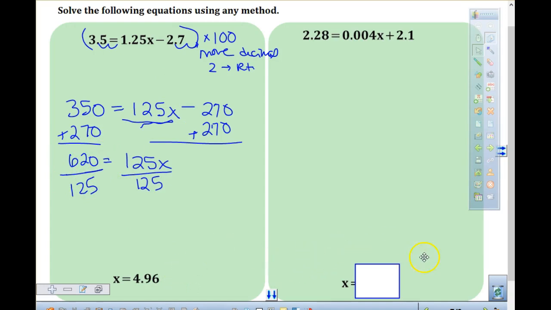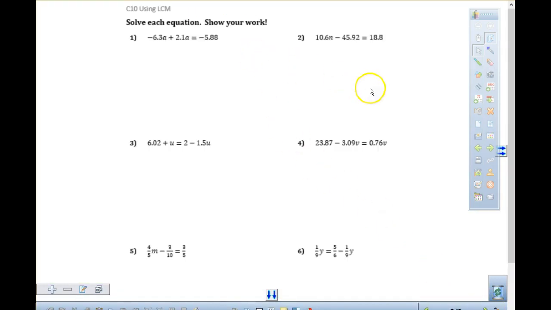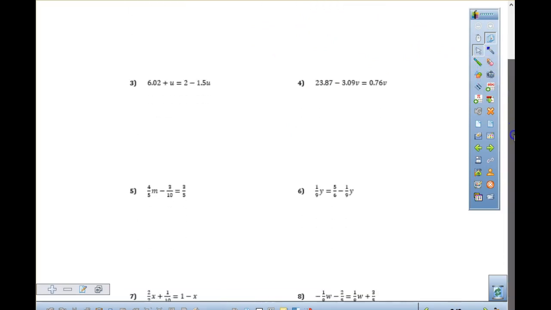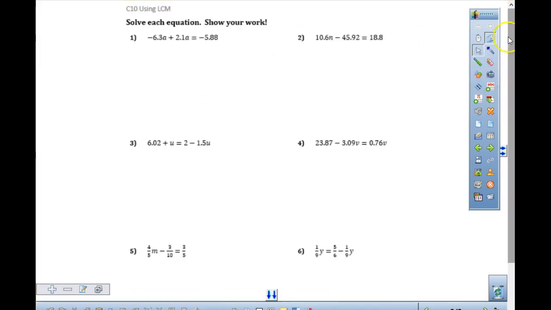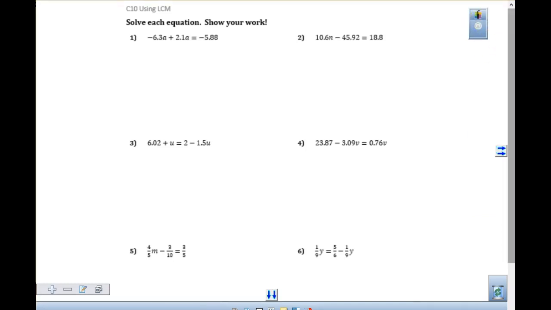So when you're doing your homework tonight, you've got about 5 minutes or so, you are doing this page. So on the top, there are only 8 questions that you are looking at. Some of these fraction ones get a little ugly, but what I want you to do here is look at question number 1, and I want you to eliminate the decimal.